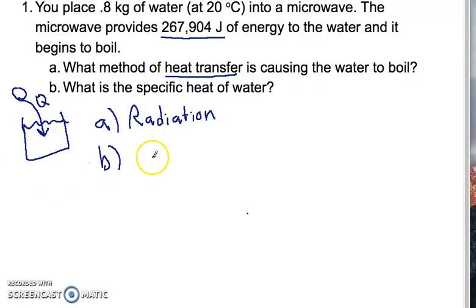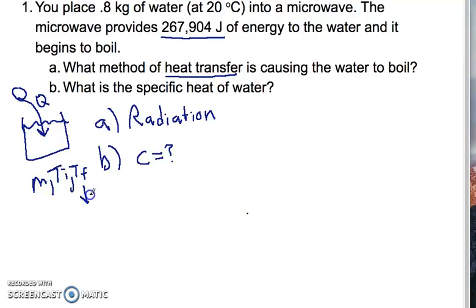B, what's the specific heat of water? So we know we're looking ultimately for C, but we know a bunch of stuff. We know Q, we know M. We know the initial temperature is 20 degrees C, and we know the final temperature.